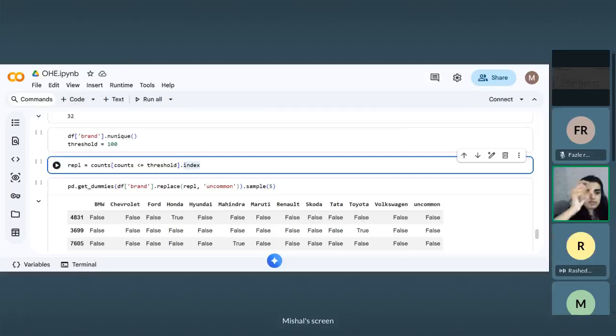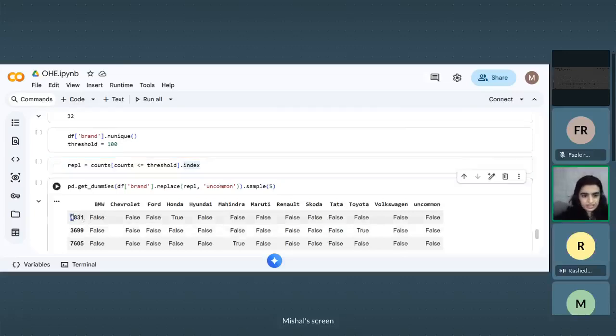We are mentioning the sample numbers. Yeah, we are capturing those sample numbers. They have their index information. For example, this one has index value 4831. If I have 6000 samples, the index will start from 0 and should end at 5999.